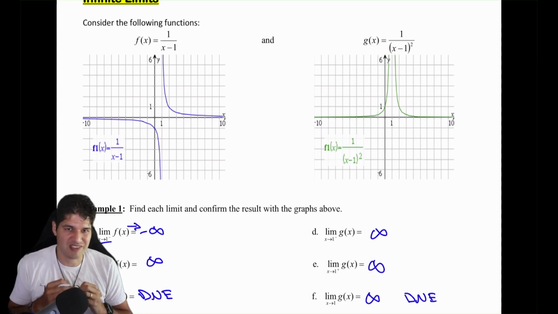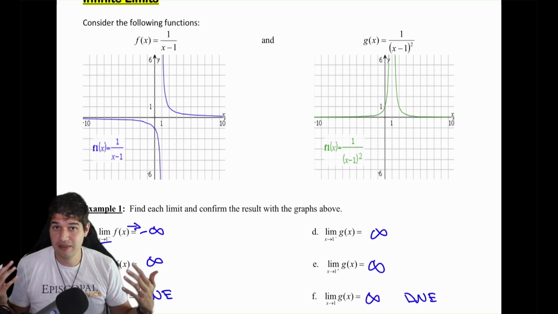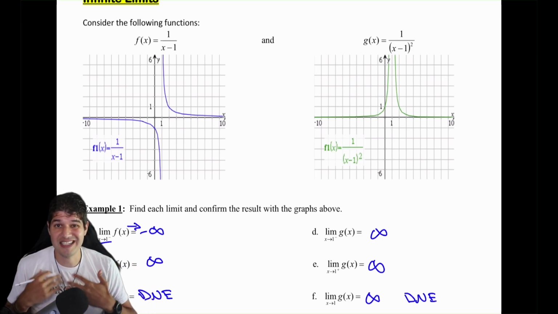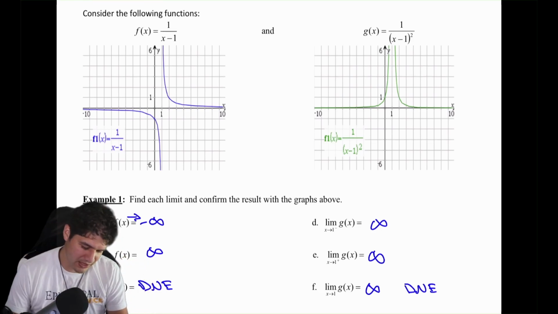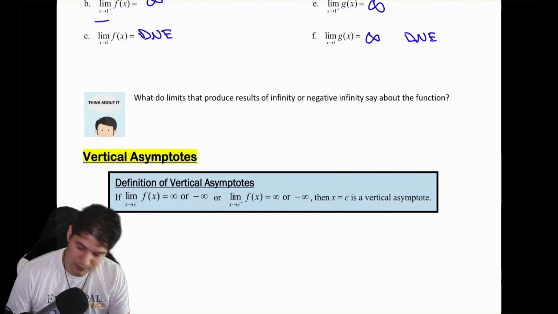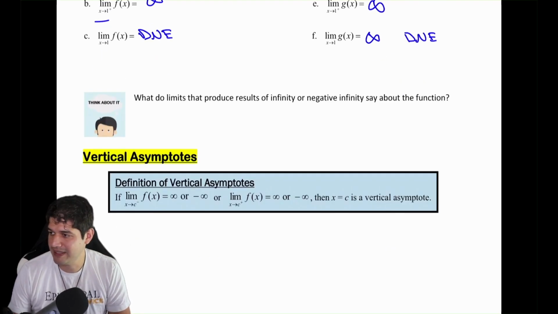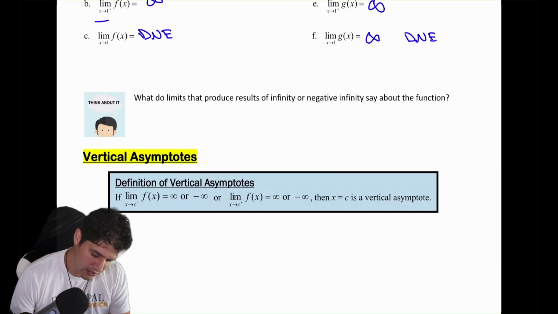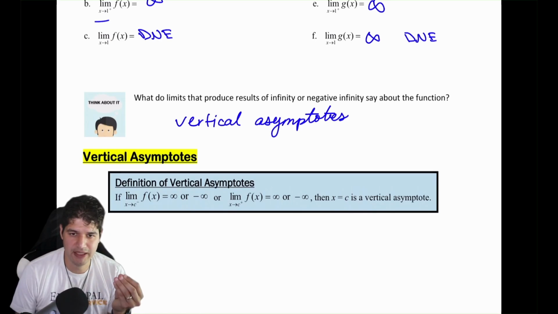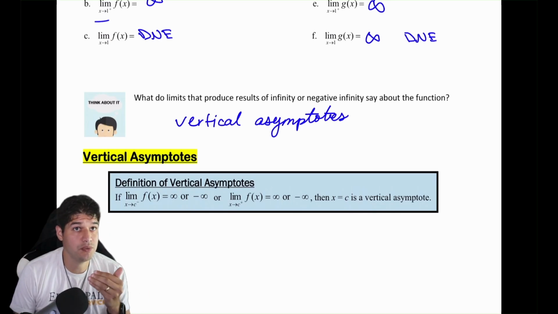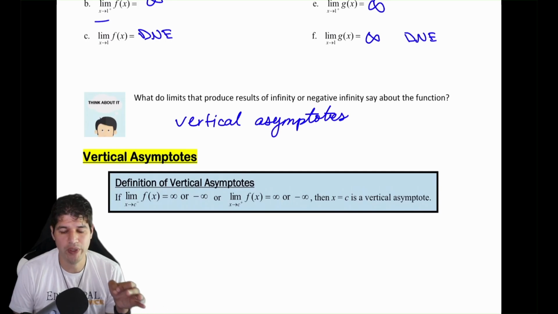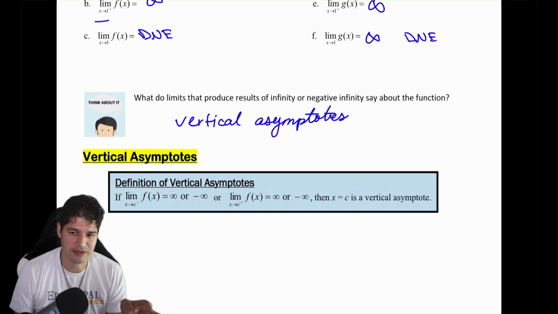But you can also write does not exist because the limit does not equal a value. That's going to get clarified a little further down. What we understand is that all of these are vertical asymptotes. If we're going to positive or negative infinity, we understand that there is a vertical asymptote from these one-sided limits.